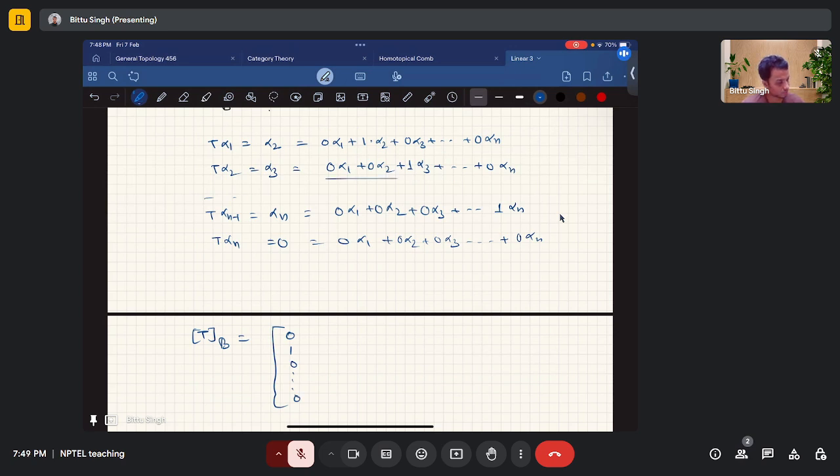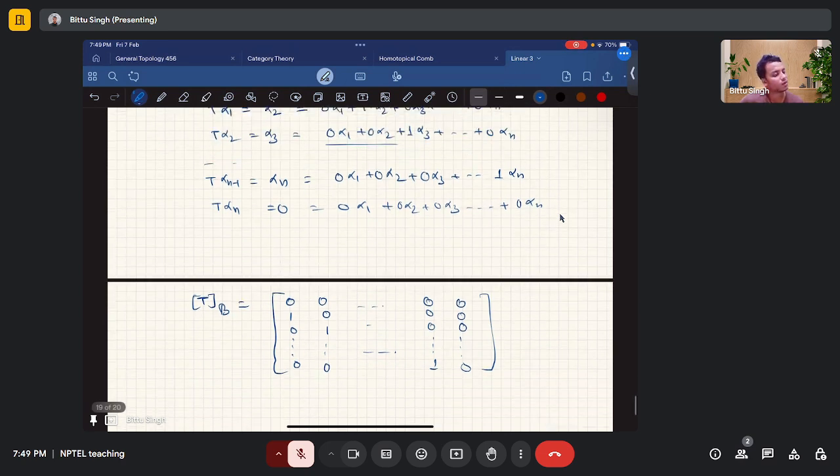The second is 0 0 1 and 0. Similarly, it will continue 0 0 0 1, and for the last one, alpha n, the entries are all 0. So this will be a matrix, and this will be the matrix representation of T with respect to this basis.